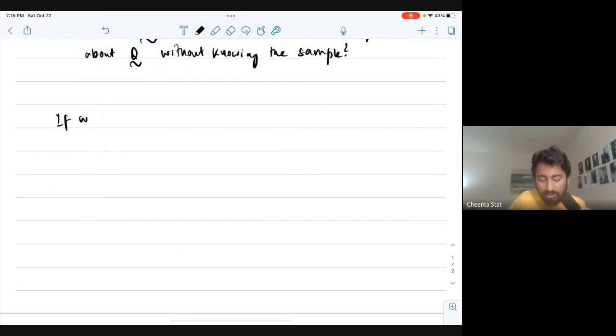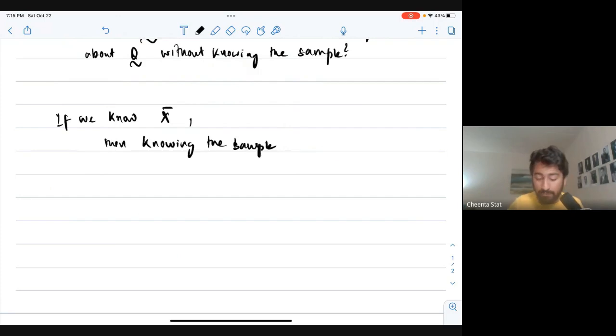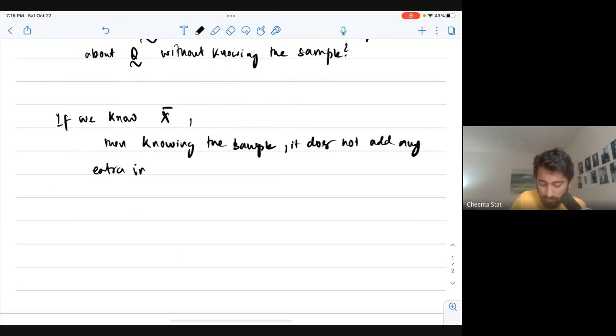Or you can think of it naturally: if we know the value of x bar, the average number of heads that happened in the sample, but after that we also came to know the sequence of heads, it does not add any extra information to P, the parameter.